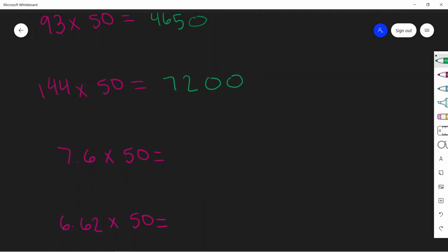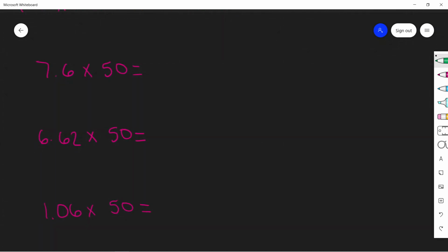So this problem also has variations to it, so you can do this with decimal points as well, but the key is to ignore that decimal point until the very end. So let's pretend 7.6 times 50. Instead of 7.6, pretend it's 76. So do 76 divided by 2, which gives you 38.